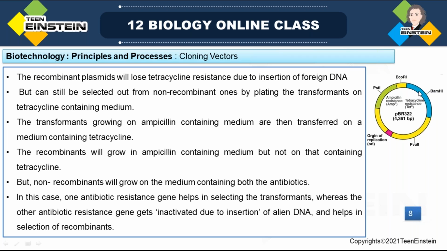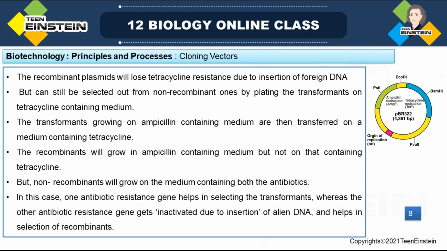After making a cut here, the foreign DNA gets inserted at this point, where the BamHI recognition site is present. Imagine that we are inserting here. So due to that insertion, the pBR322 vector, or that recombinant plasmid, will lose the tetracycline resistance.